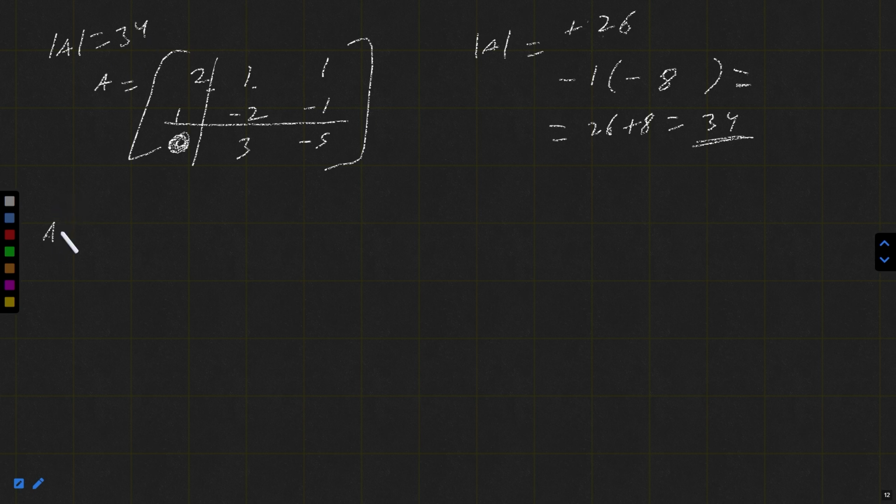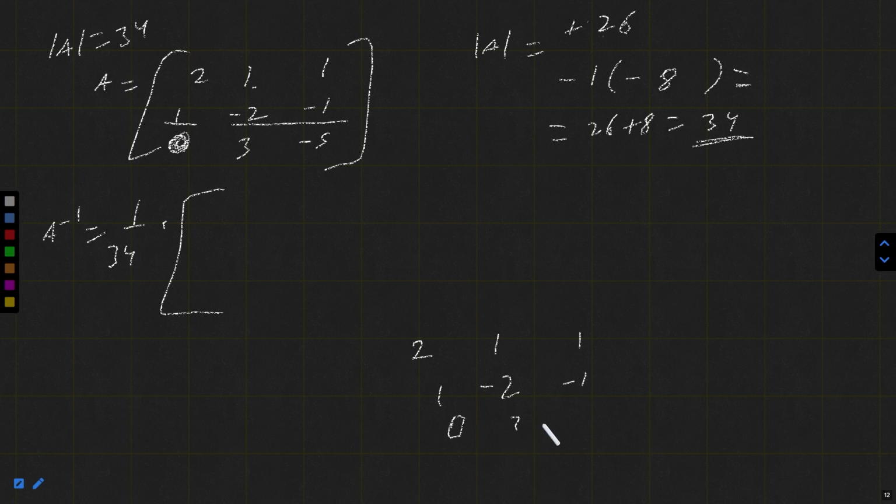Now A inverse. A inverse is 1 by determinant A multiplied with adjoint of A. Adjoint of A, I'm going to evaluate it directly. So let me just write this A as 2 1 1, 1 minus 2 minus 1, 0 3 minus 5.